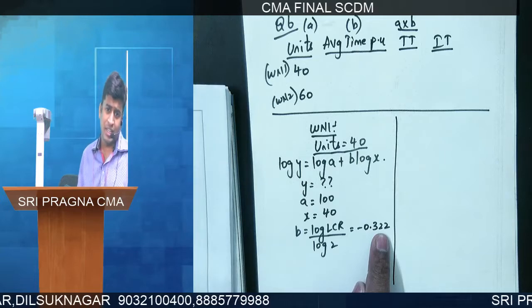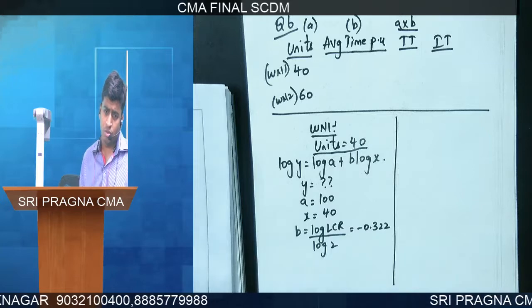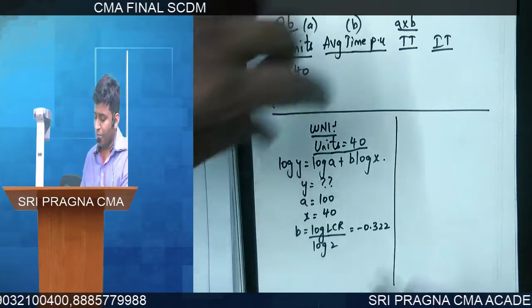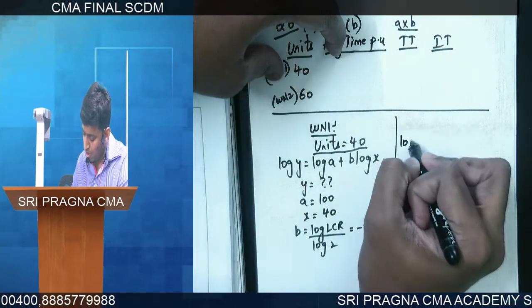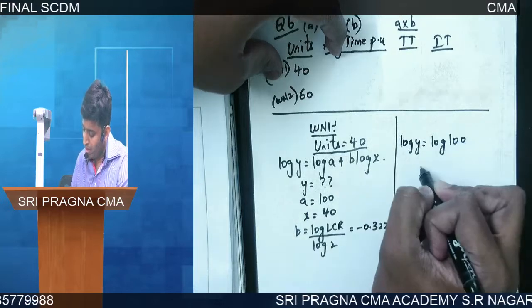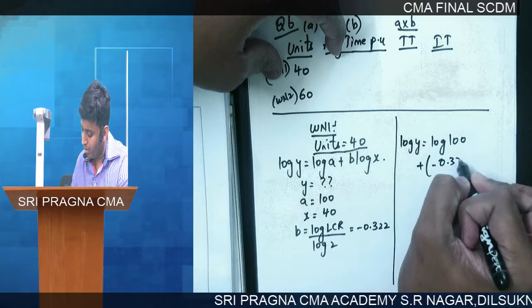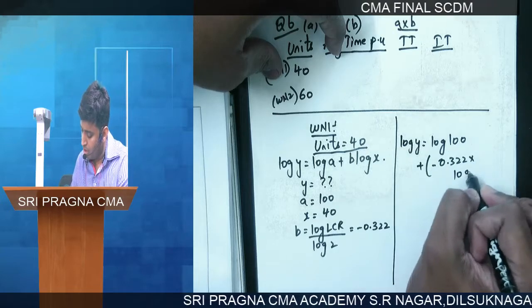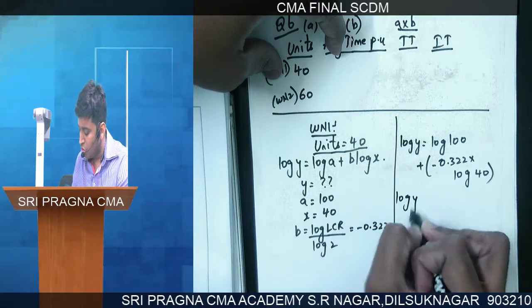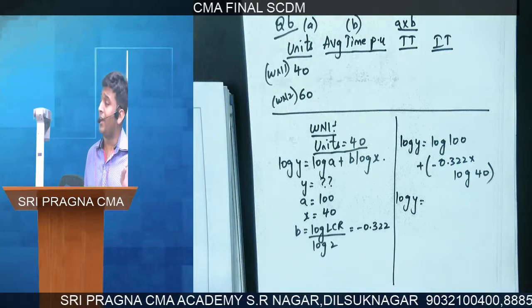Whatever it is, he gave -0.322 directly. Now substitute in the formula: log y is equal to log 100 plus (-0.322) into log 40.